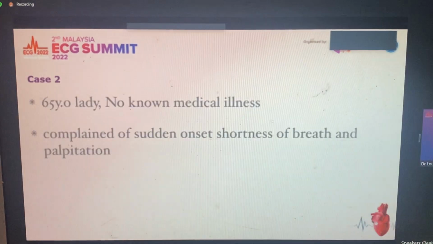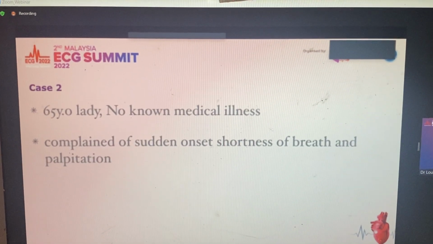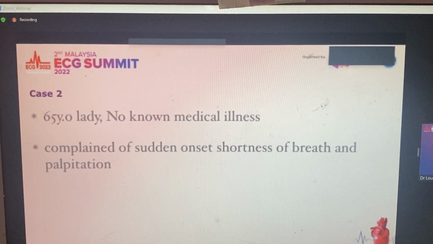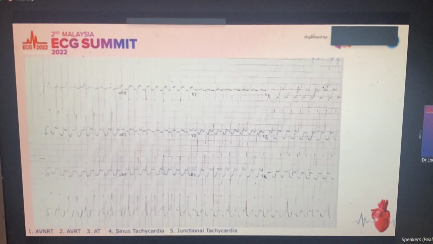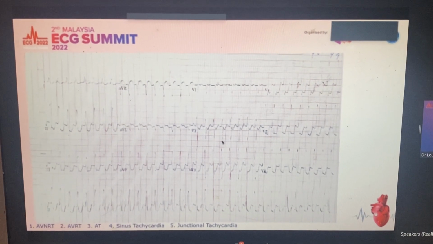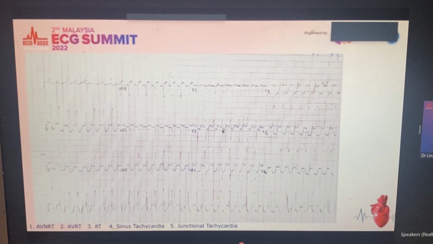So moving on to case 2, we have a 65-year-old lady with known medical illness who complained of sudden palpitation. Forgive me for this blurry ECG, but generally what we see here is another narrow complex tachycardia, where we can't really see the P wave.